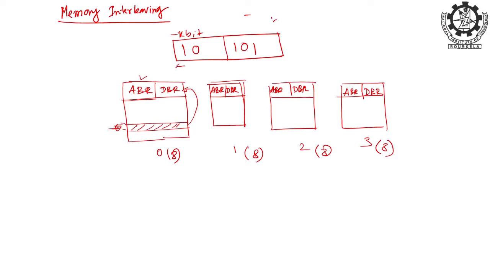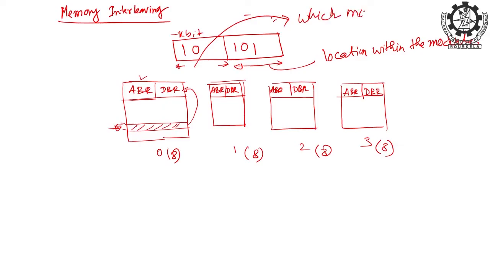So, this upper part will identify which memory module, and that lower part will identify the location within the module. Here 2 means it will identify this module, and within this one we know that it has 8 locations. So, it will identify the 5th location, 101.